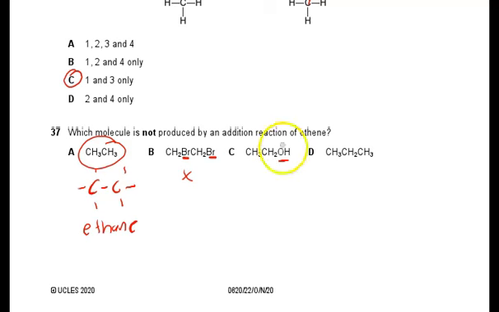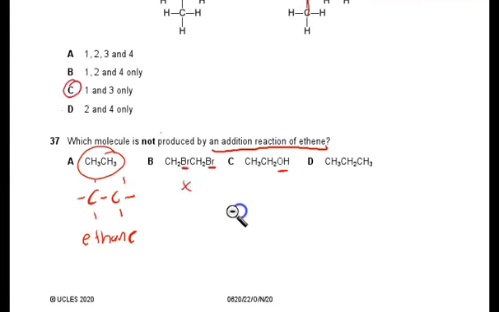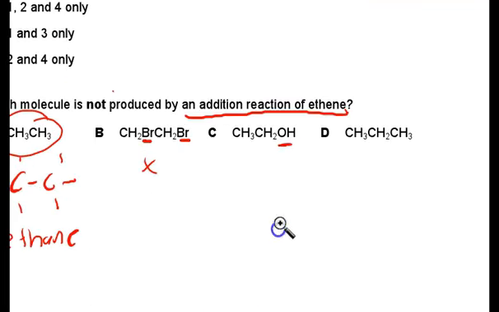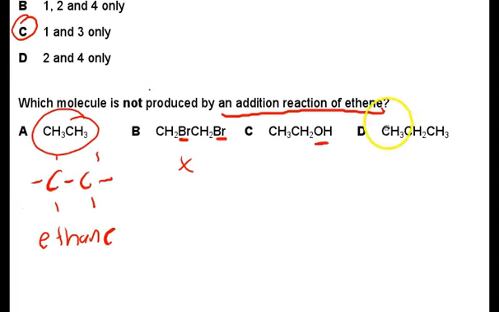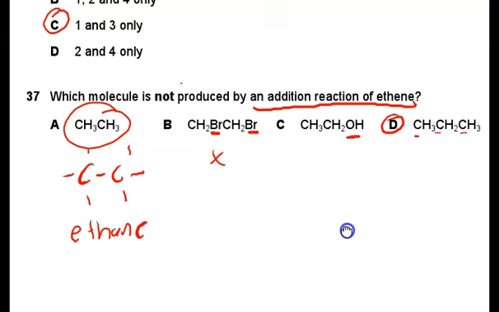It cannot be produced by addition reaction of ethene, because they are asking for the not produced. Okay, now we look at the next one. Here we have an additional carbon, which is impossible. So your best answer here for number 37 will be D. This is for number 37.